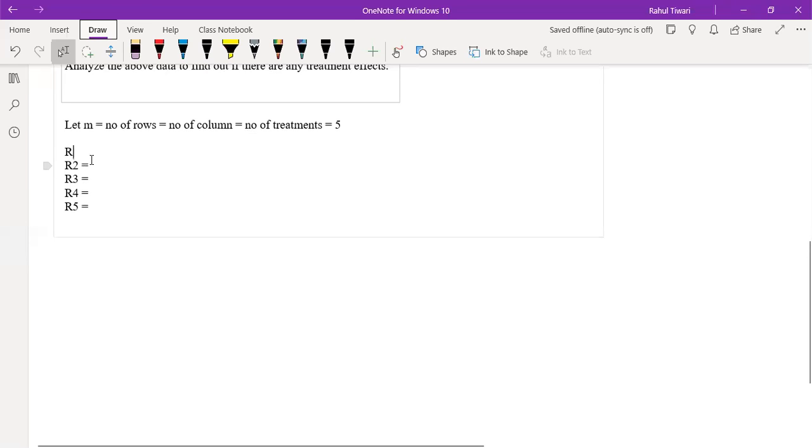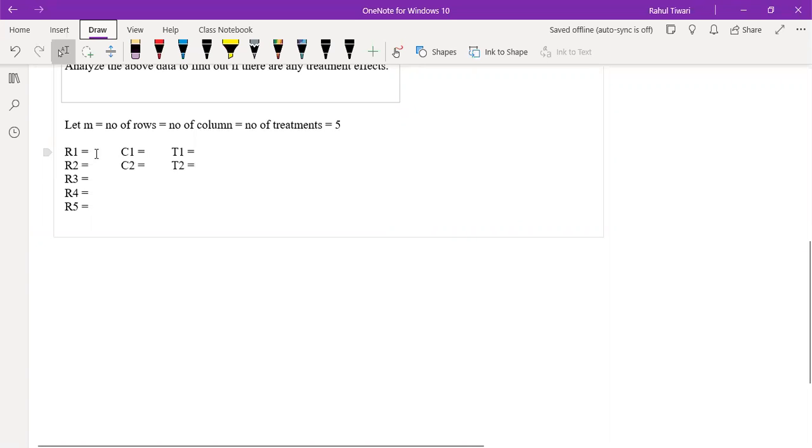So just calculate this R1 first and let me know, and similarly what could be column total C1, and similarly we have here treatment total, C2, T2.